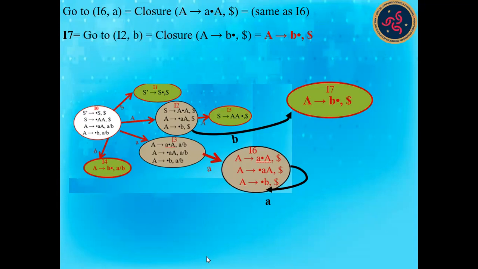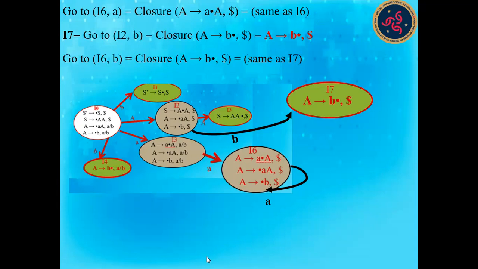So next I am considering some goto. I am applying the goto on state I6 with B. So here A gives B dot, right? This is the same, A gives B dot, and the dollar symbol is also the same.